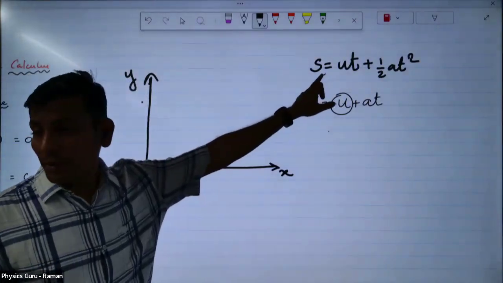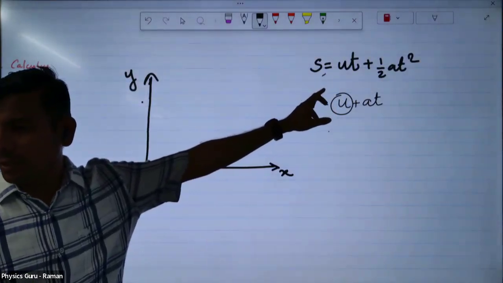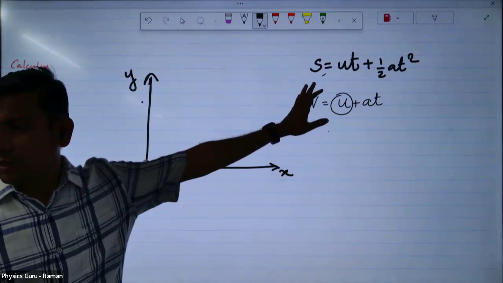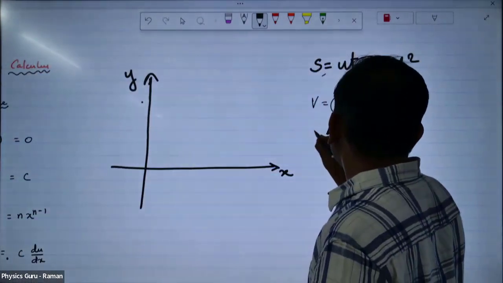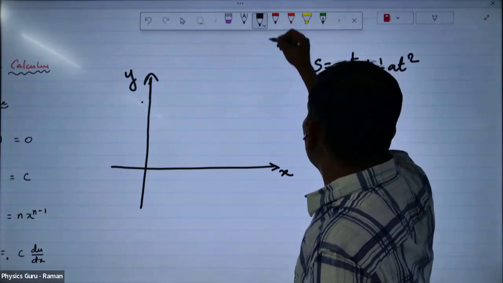Sir, can you once again tell the recap of that ut plus half at squared? That is the displacement formula: ut plus half at squared. In grade 9, you must have learned it. There are three equations you must have learned for uniform motion.